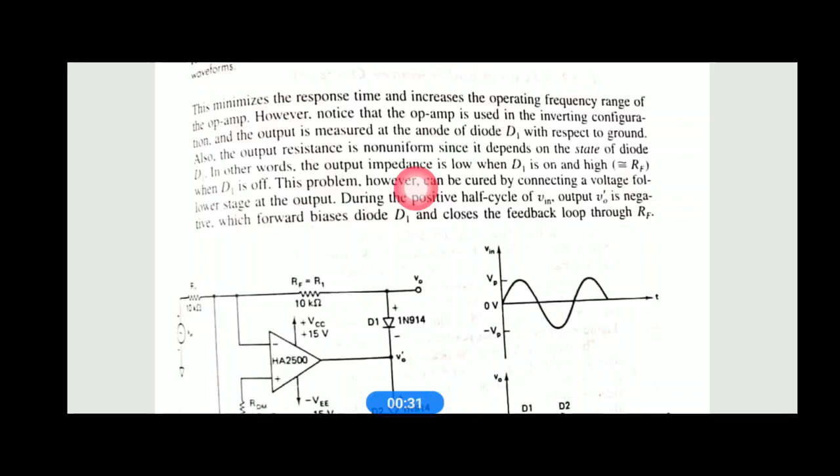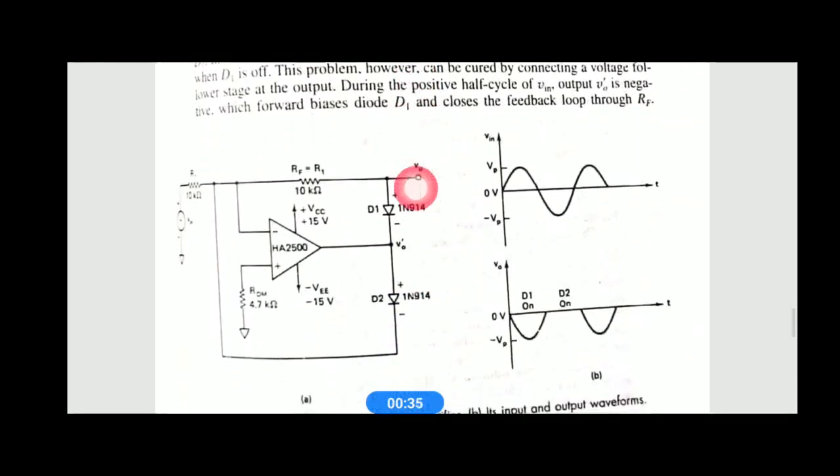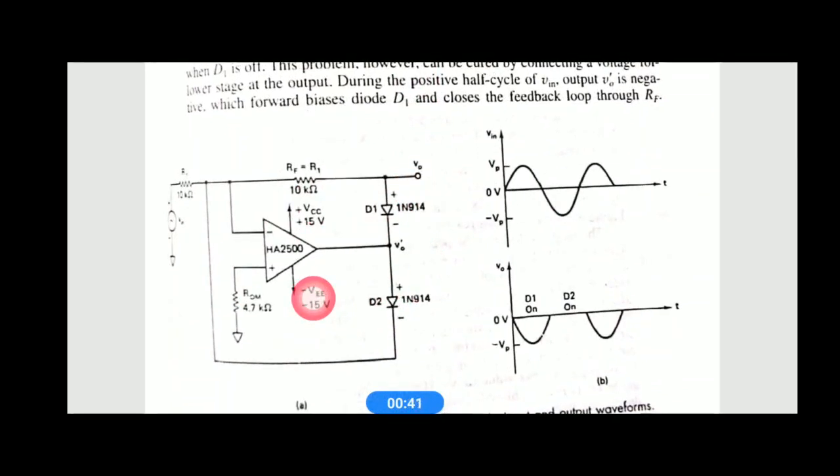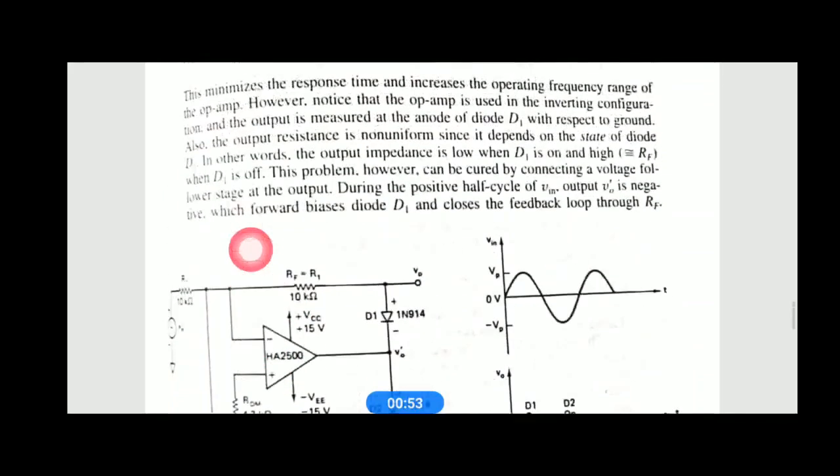So to minimize the response time, we are using one more half wave rectifier circuit, which uses two diodes, D1 and D2, here with an inverting amplifier, right.